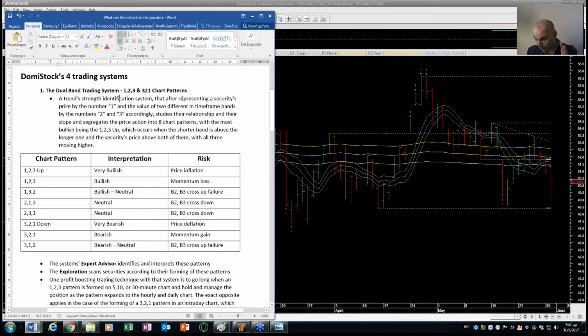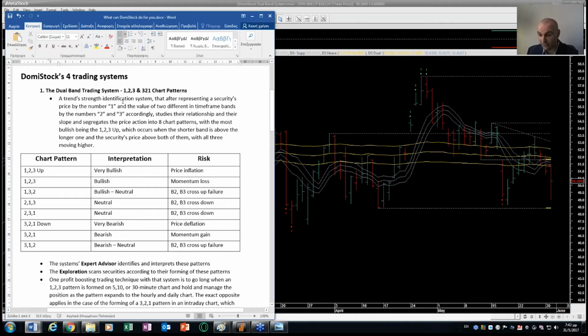That, step one, represents a security's price, so the closing price, by the number 1, and the value of 2 different time frame bands, one longer and the other shorter, by the numbers 2 and 3 accordingly.